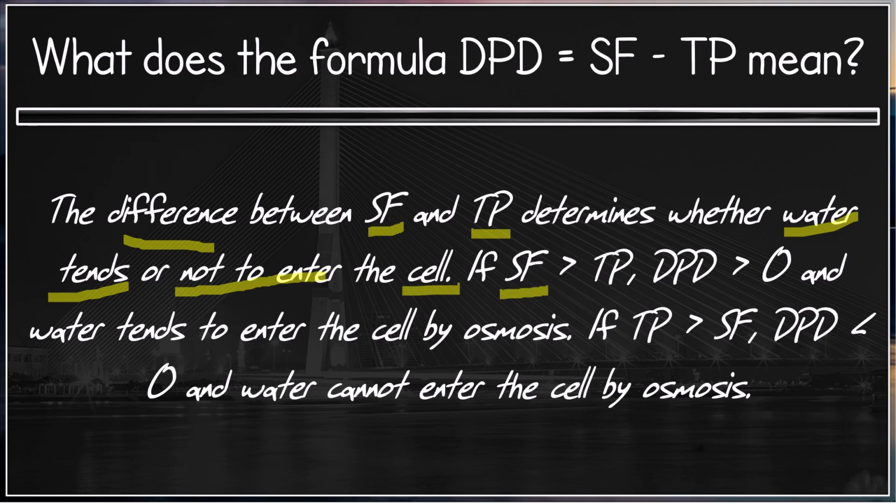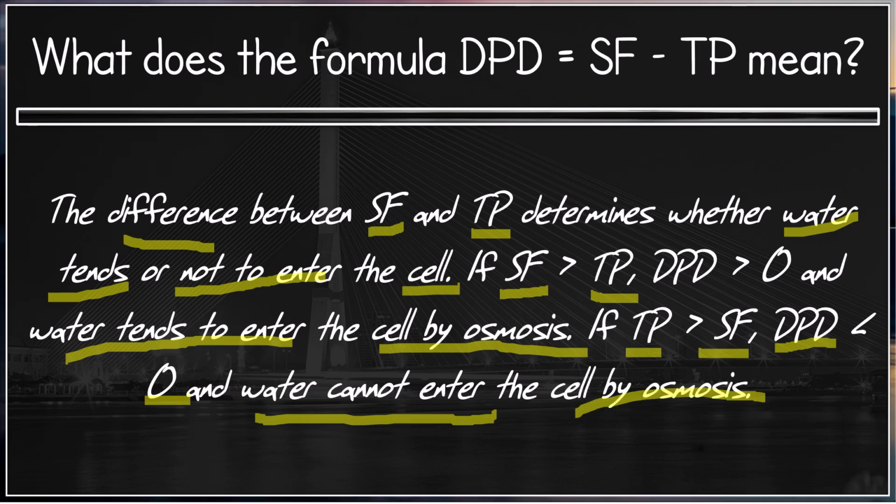If the suction force is greater than the turgor pressure, that means that the diffusion pressure deficit DPD is greater than 0, and water tends to enter the cell by osmosis. If TP is greater than SF, then DPD is less than 0, and water cannot enter the cell by osmosis.